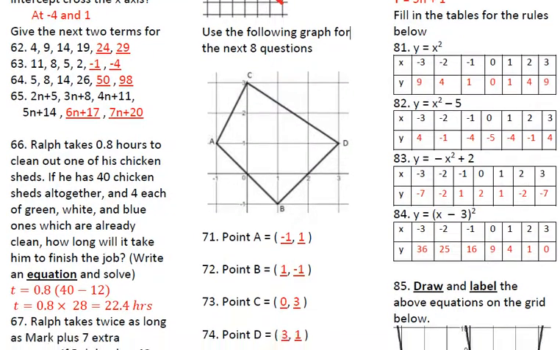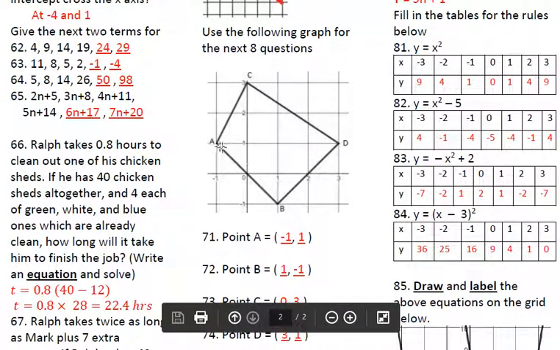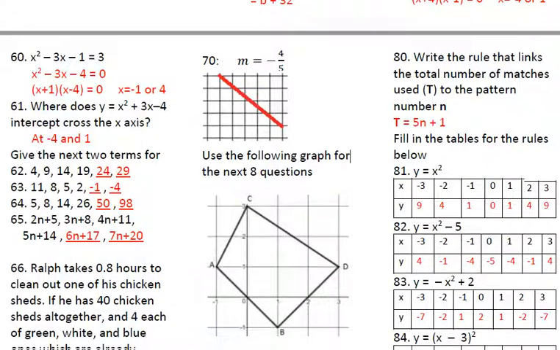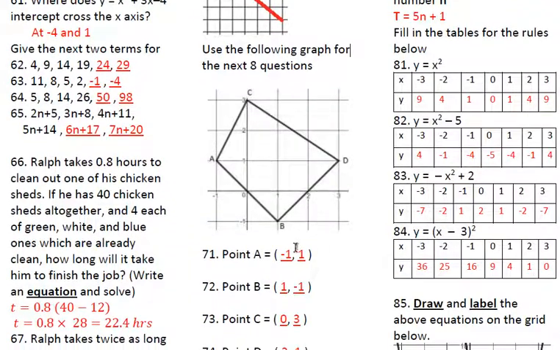Next one over here, use the following graph for the next 8 questions. So we've got point A, now this is a little bit different. It's really important to explain this. Although we've got how far up or down over how far across for gradient, here our very first thing is going across and then up and down. It's in the reverse order. You must remember and don't get confused by this.